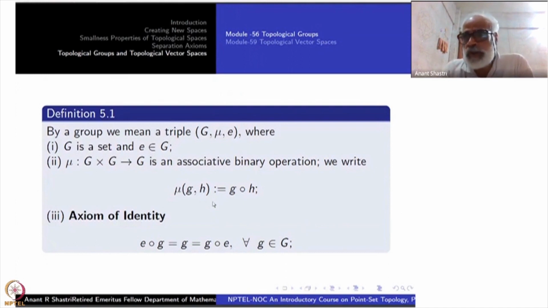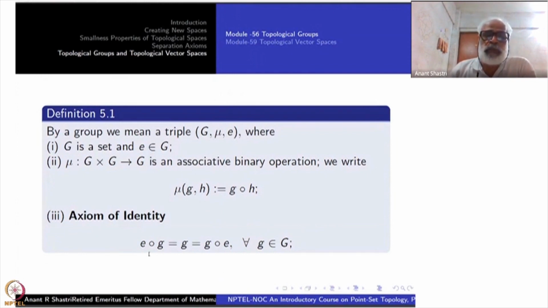For a short notation, we will write mu of G comma H as G composite H. So G and H are elements of G, and G circ H is also inside G. You may read it as G composite H or G circ H. Axiom of identity: there is one more condition, which is that this distinguished element is called the identity.